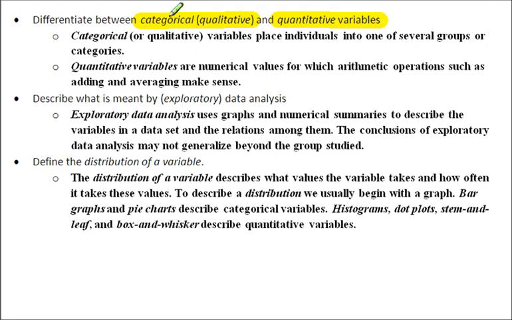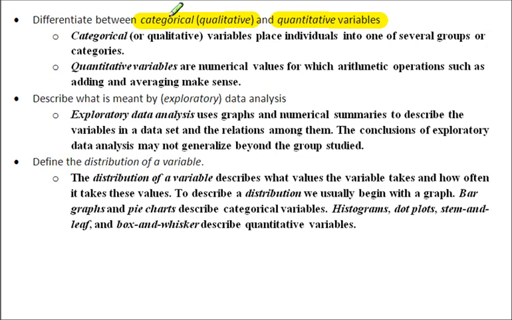Some things like hair color, eye color, political party, ethnic background, religious preference, any of those things are categorical variables. And I can't do math with those things. But what I can do is find a percentage of a sample or population that has that characteristic.